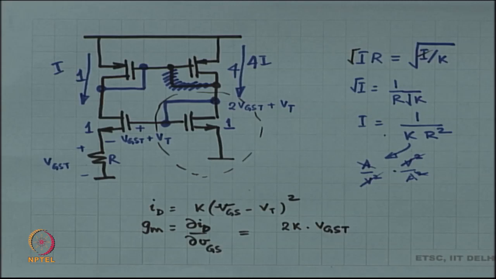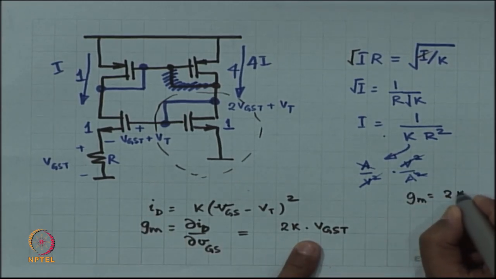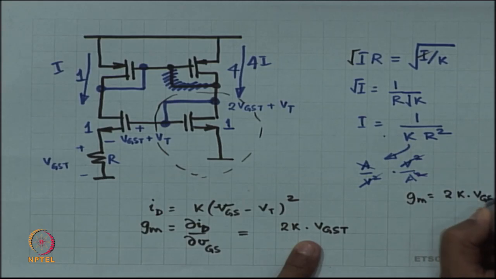That is one way of writing it, it is a direct derivative, but then you could also replace K with I and VGS. You could also replace VGS with I and K. So, this particular expression GM is equal to 2 times K times VGST.